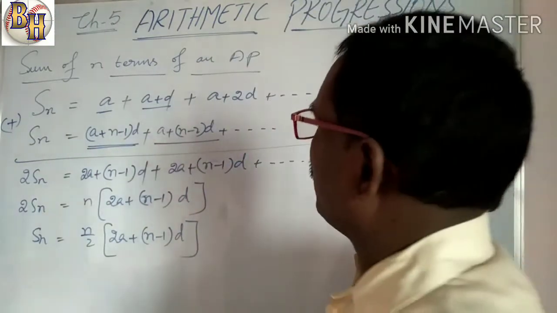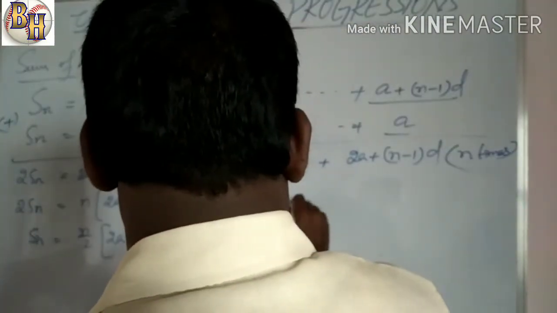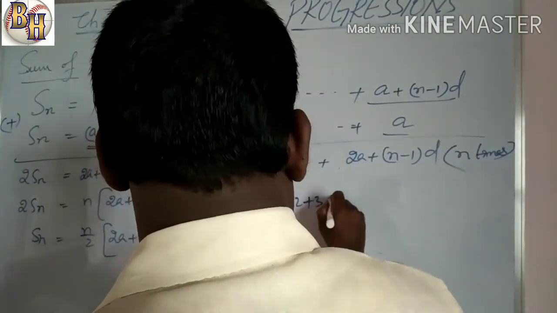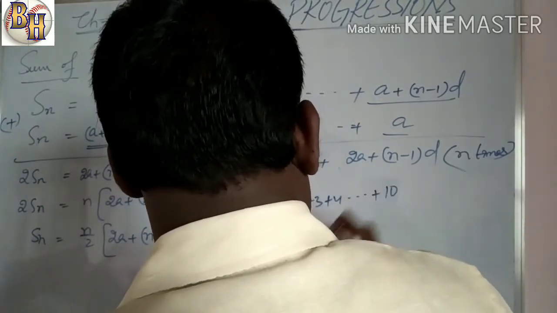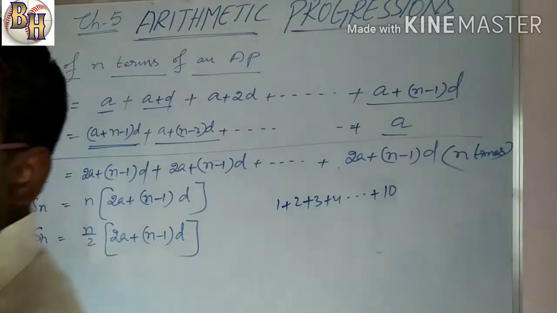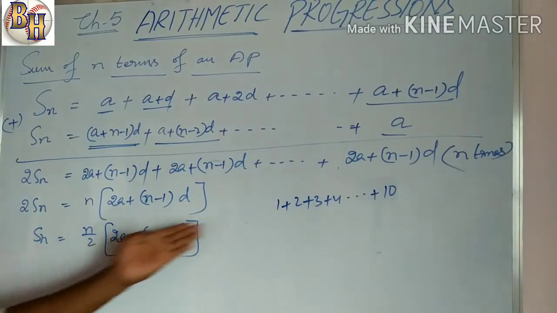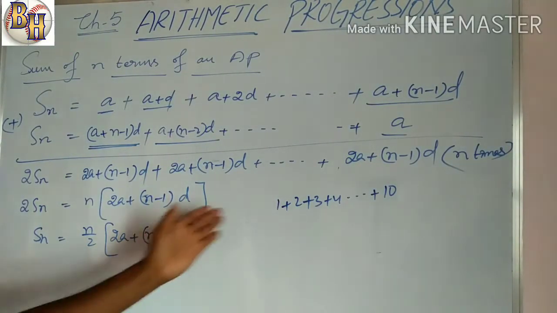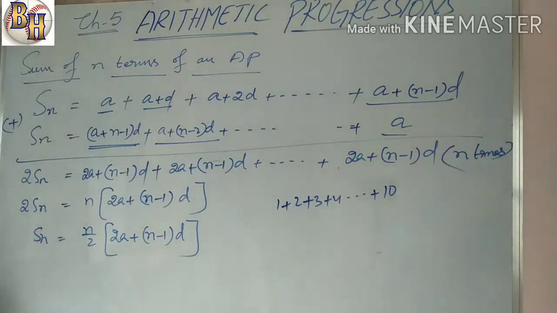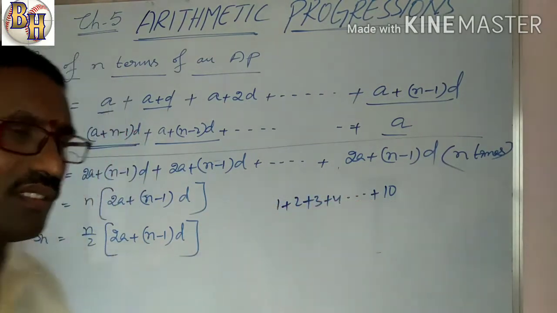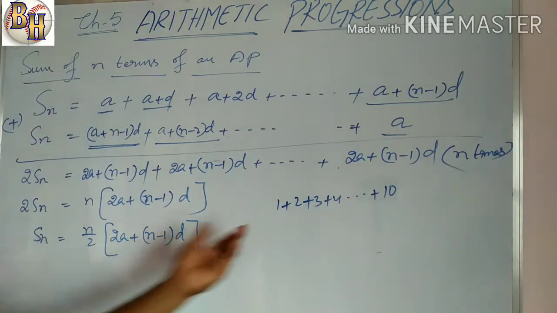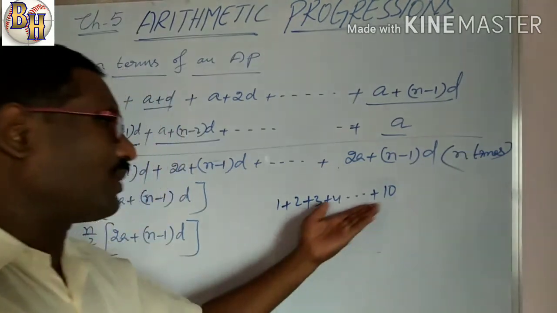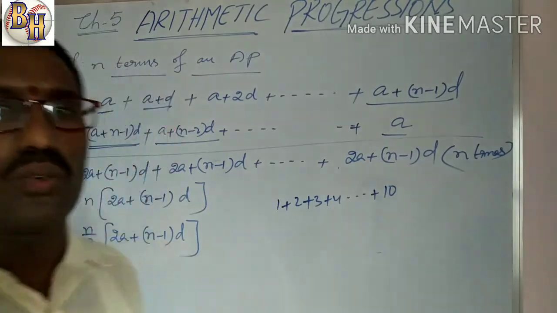We want to find, suppose for example, 1 plus 2 plus 3 plus 4 and so on plus 10, that is the sum of n terms. This is an AP only because the difference is the same, one only. Already this is a small number, so we can say 1 plus 2 plus 3 up to 10 is 55, you know.